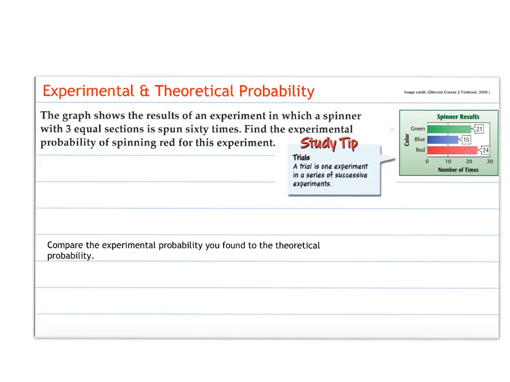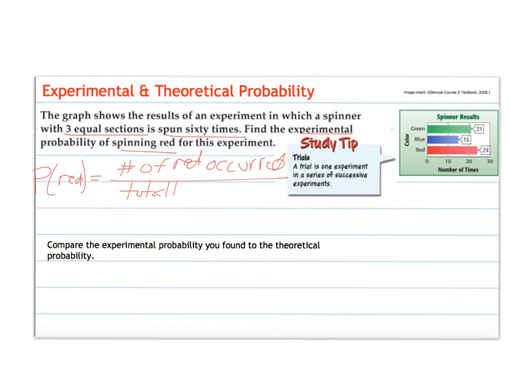So here we go, having experimental and theoretical probability. We'll talk about trials often. A trial is one experiment in a series of successive experiments. The graph here shows the result of an experiment in which a spinner with 3 equal sections was spun 60 times. We're going to find the experimental probability of spinning red for this experiment. The probability of getting red is the number of red occurrences compared to the total number of spins.